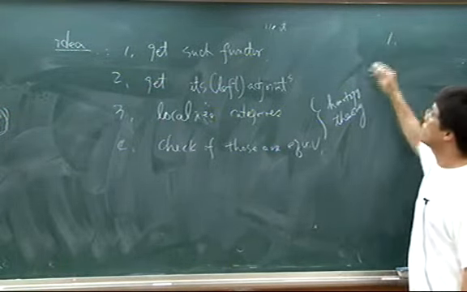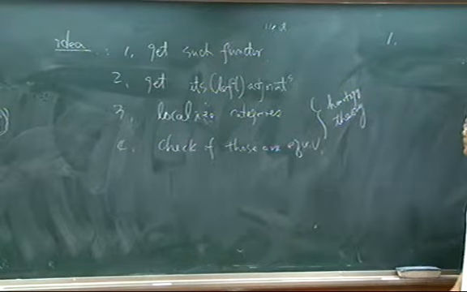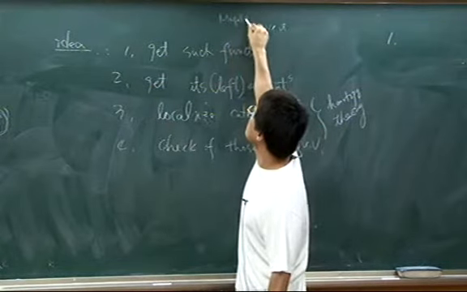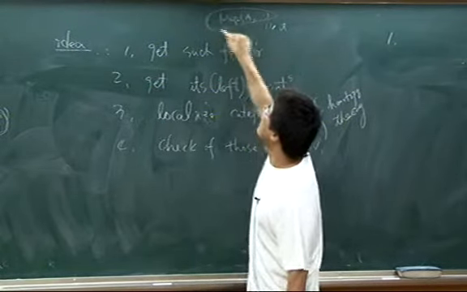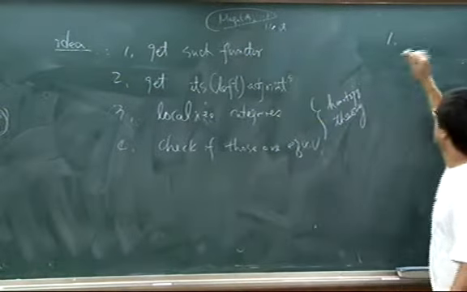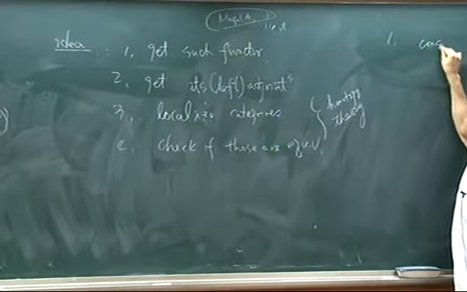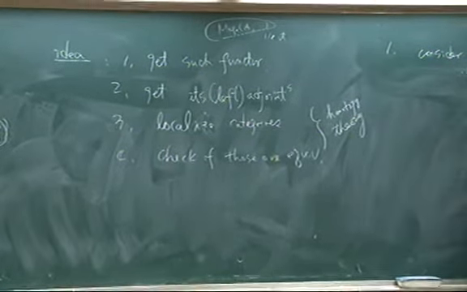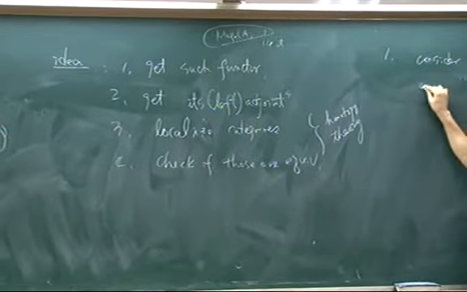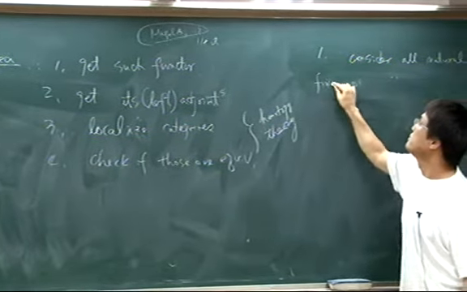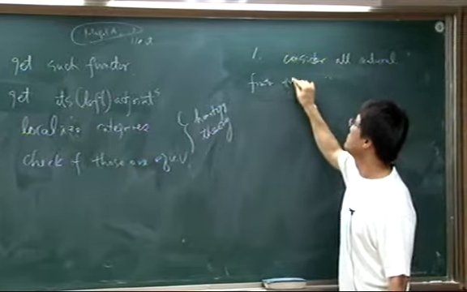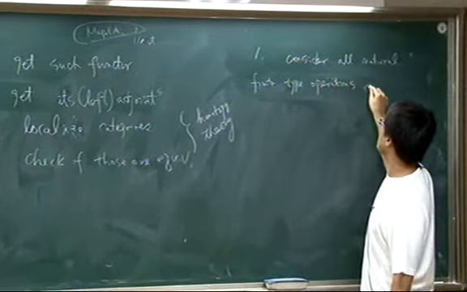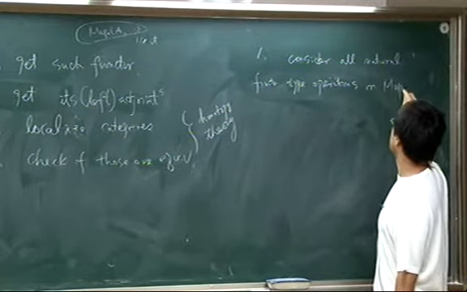So then first, how to get such a functor, right? As I mentioned, we had a mapping space. We want to recognize this kind of space, right? To recognize this kind of space algebraically, as I said, consider all natural, actually here, finite type operations on the mapping space.